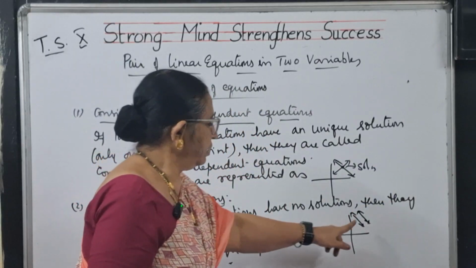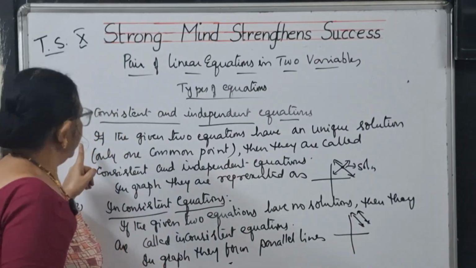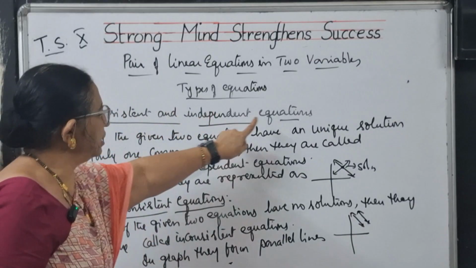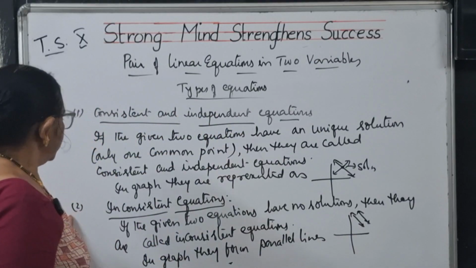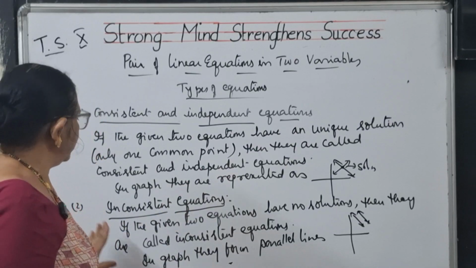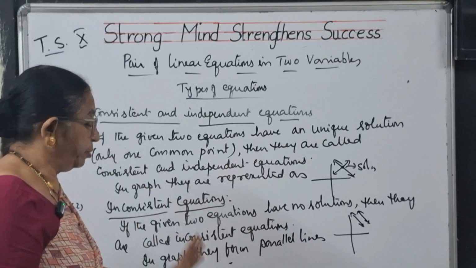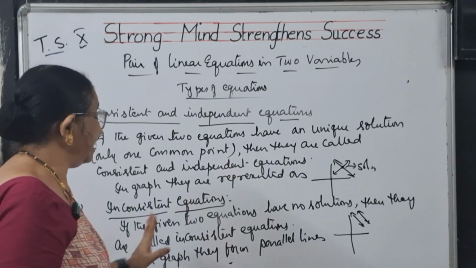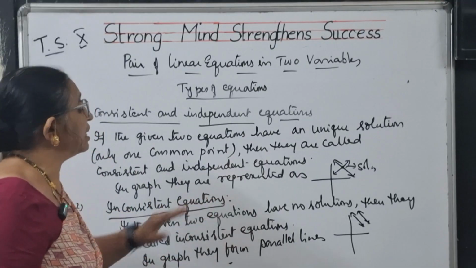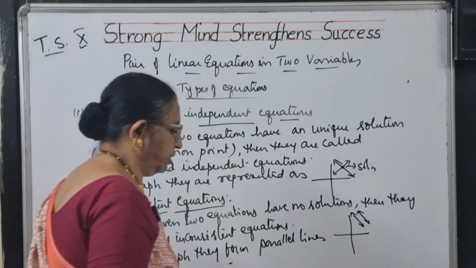They don't intersect. If they intersect at one point, they are consistent and independent equations. If they do not intersect, that means there is no common point, then the pair of linear equations is called inconsistent, and there won't be any solution at all.